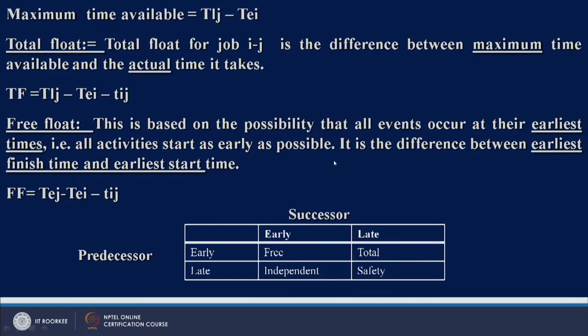So, free float is the earliest finish time of the succeeding activity minus the earliest time of the preceding activity, very simple, minus the duration of the activity. You should always subtract the duration of the activity. So, this is total float and free float.